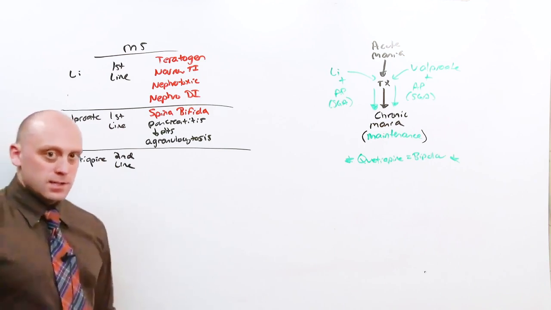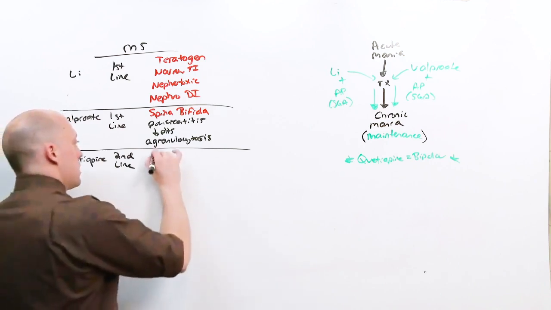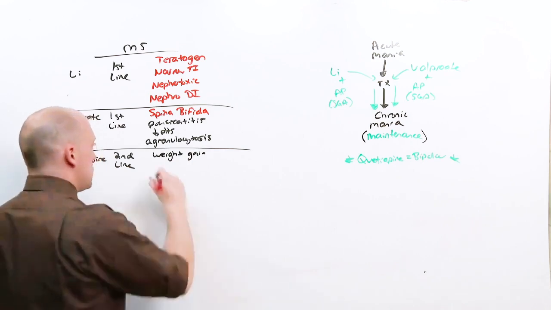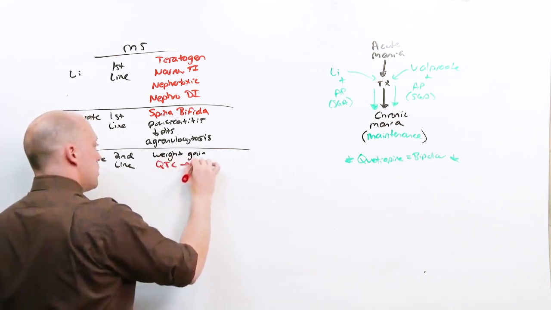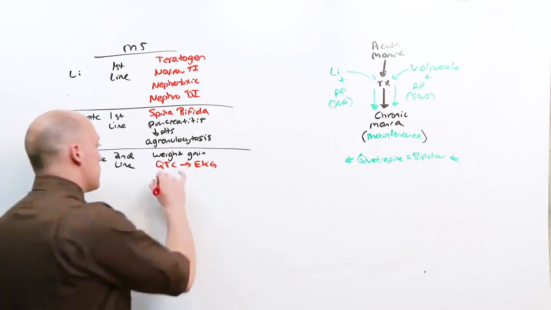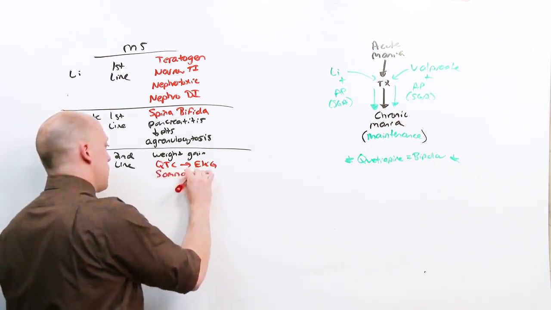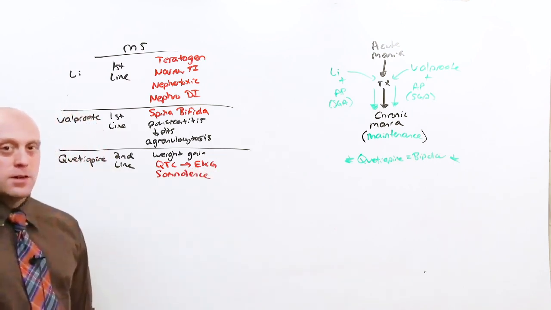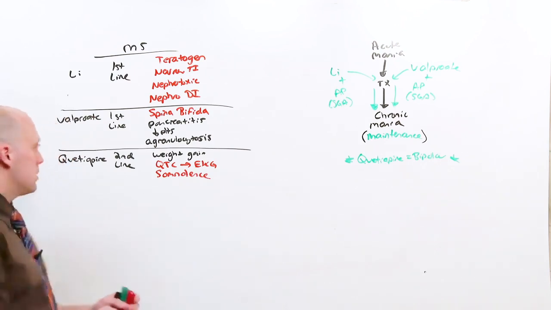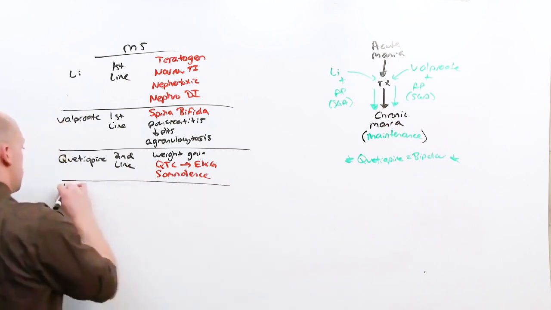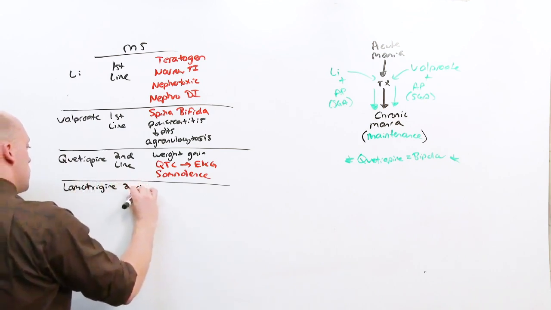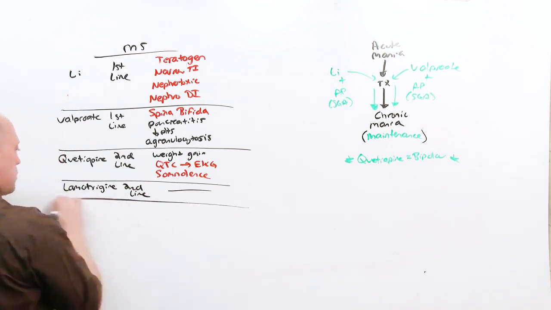Being an atypical antipsychotic, you have to worry about things like weight gain, prolongation of the QTC, which means you have to get an EKG before starting. Quetiapine is known for its somnolence and can be used to treat insomnia, but is generally considered a side effect of treating mood disorders. And the other second-line agent is lamotrigine, which is generally considered second-line, and there's no side effect you have to remember because it's generally considered very clean.